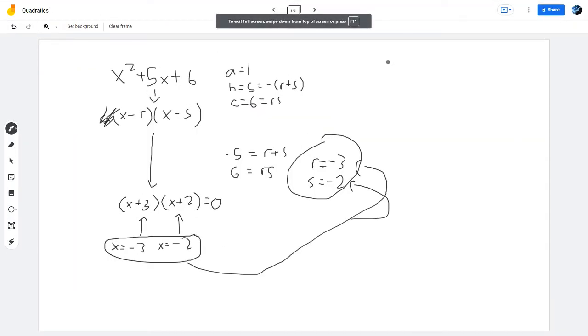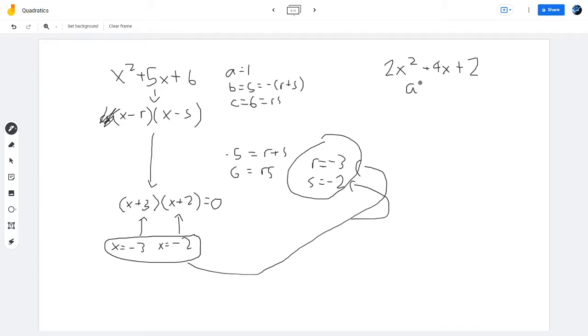And let's also solve the other equation that we had. So 2x squared plus 4x plus 2. So here we have a is equal to 2, b equals 4, c is equal to 2.